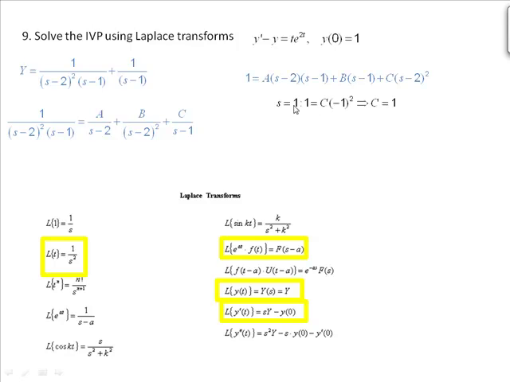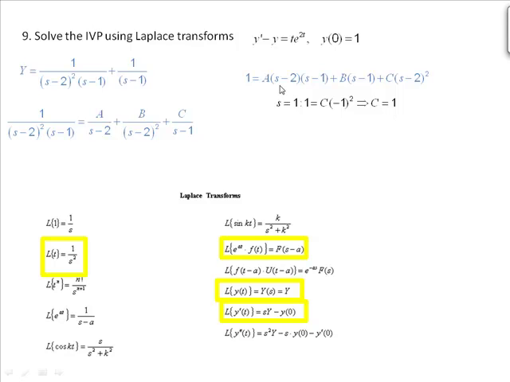So if I let s equal 1, then notice that any of these terms that have an s minus 1 factor will cancel out. And it'll leave me with, if s is 1, 1 take away 2 is negative 1 squared times c is equal to 1. Negative 1 squared is 1, so that tells you c is equal to 1.